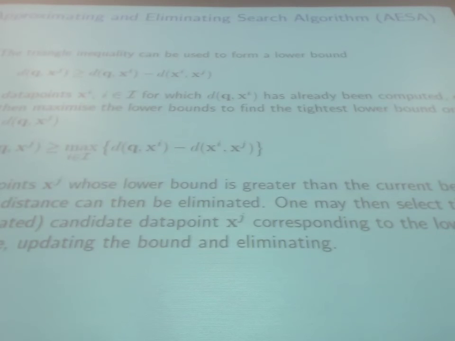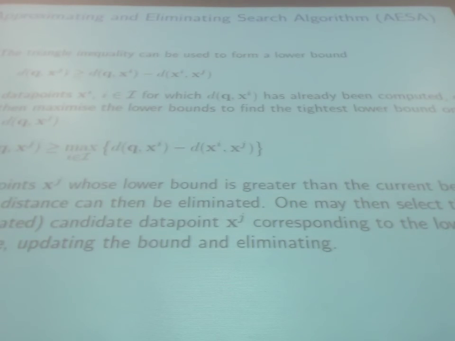And if I've already calculated some current candidate best distance, let's say it's 3, and I can show that the distance between the query and some other x is bigger than 3, then of course I don't need to calculate that distance explicitly, right? So lower bounds are useful on these distances. Okay, so the question is, what lower bounds can we get out from these metrics?